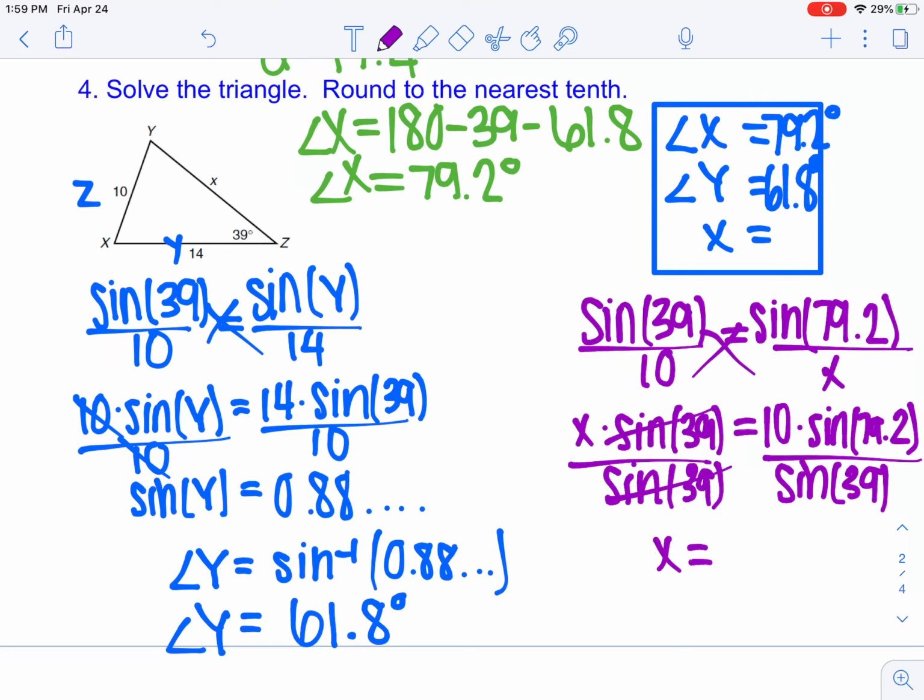Go ahead and type all that into your calculator. 10 times the sine of 79.2 divided by the sine of 39. If you round to the nearest tenth, you should get 15.6. So now I've solved for all my missing sides and angles, so I am done with this problem.